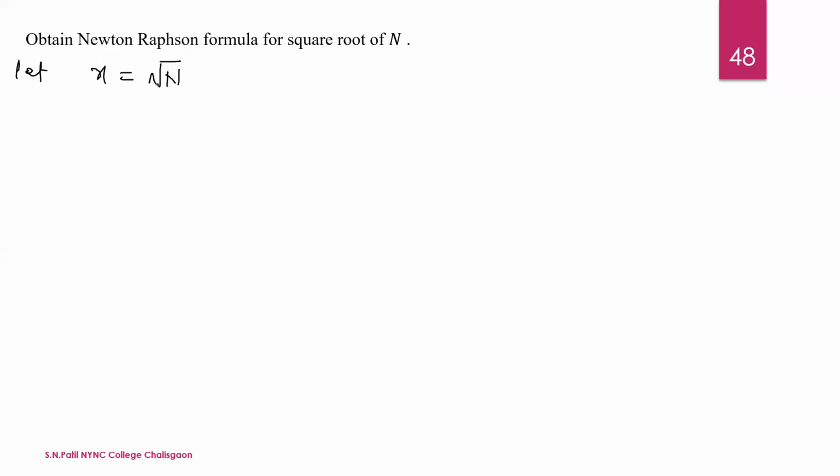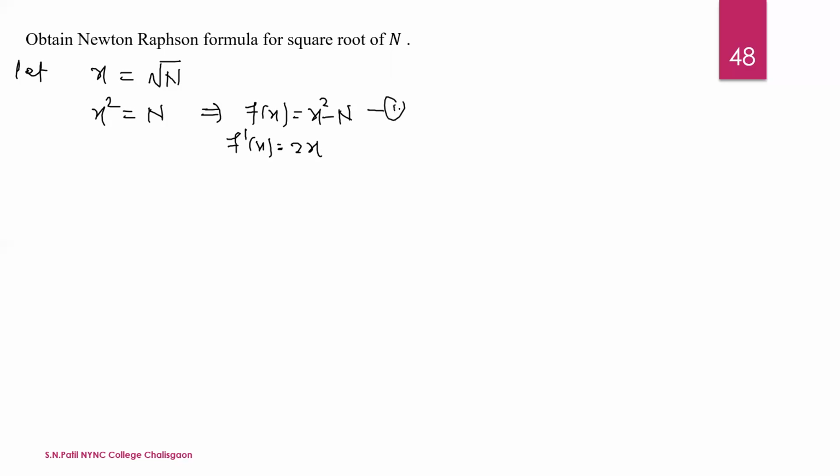Now squaring both sides, we get x square is equal to capital N. That is, f of x is equal to x square minus capital N. Now we require the derivative also. F dash is 2x.